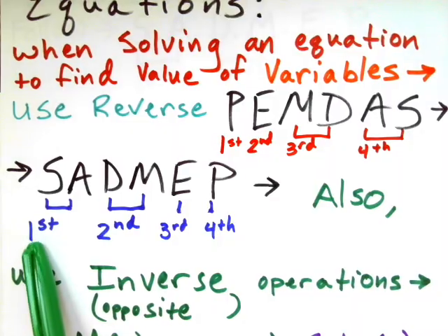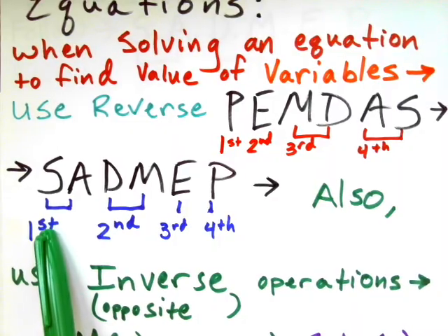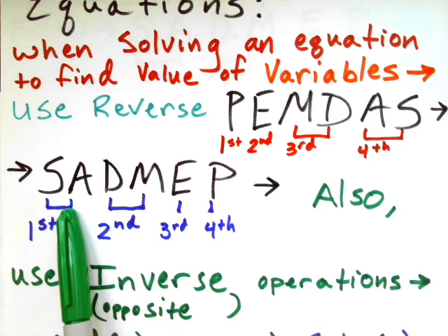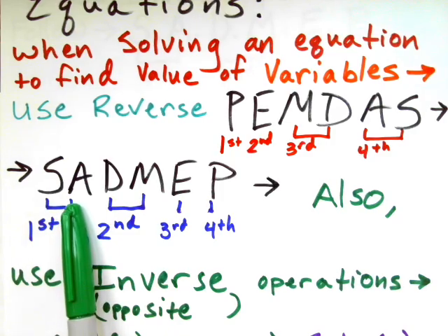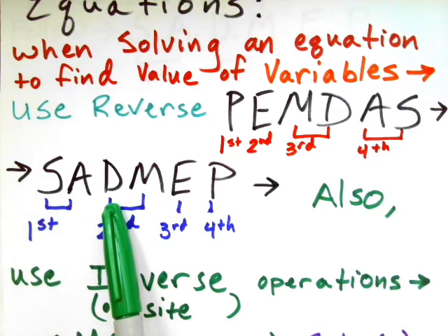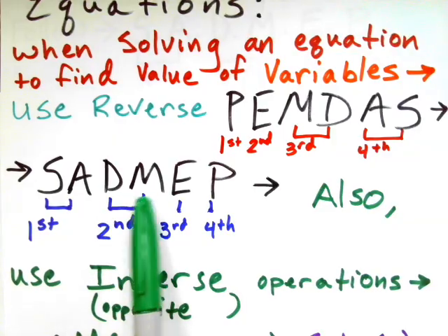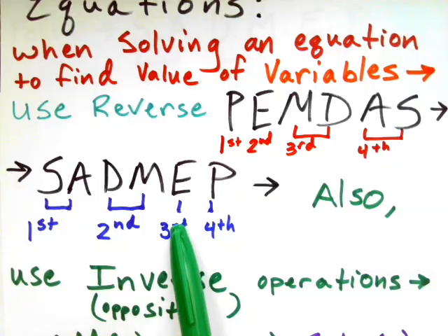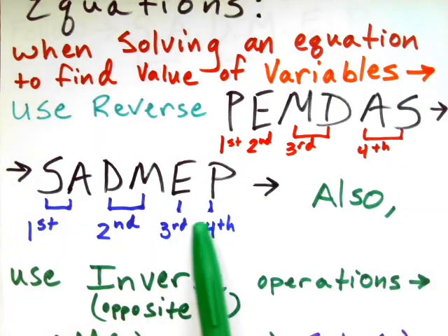First, you would do the inverse or the opposite of adding or subtracting. Then you would do the inverse or the opposite of dividing and multiplying. And then finally, you would work on the exponents and then parentheses.